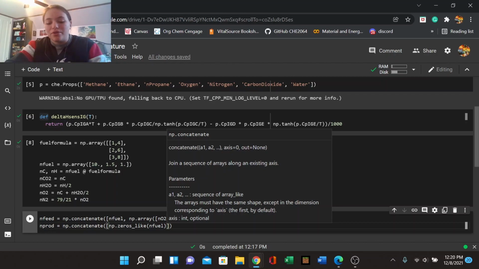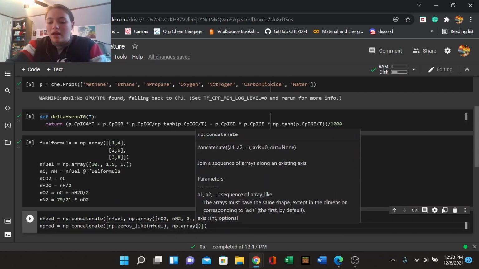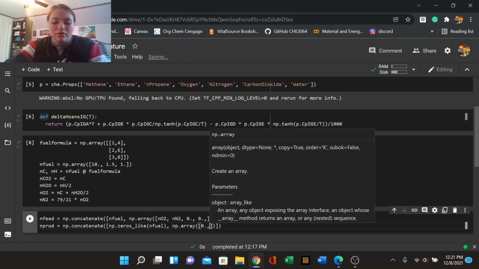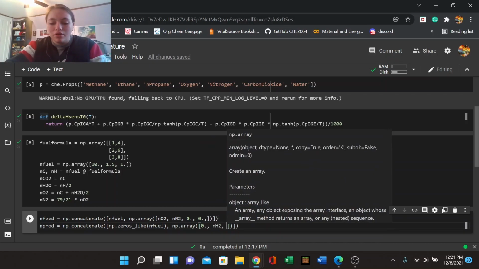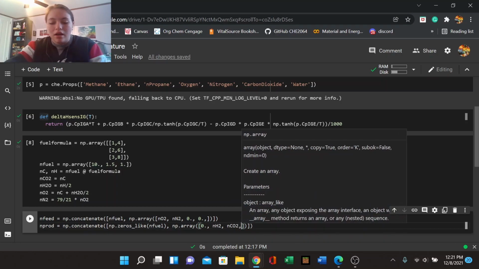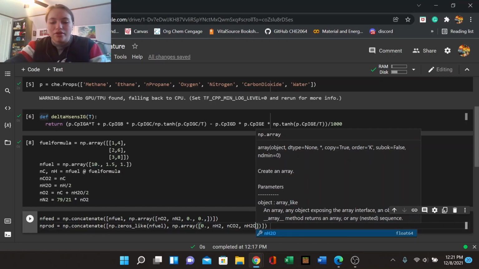And so we do that with np.array at 0, our moles of H2, our moles of carbon dioxide, and our moles of H2O. And that should be good.